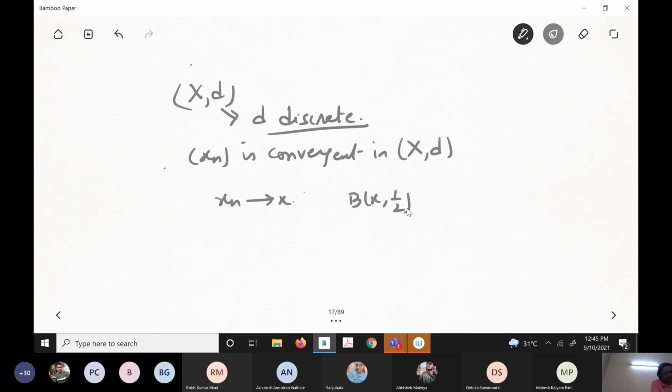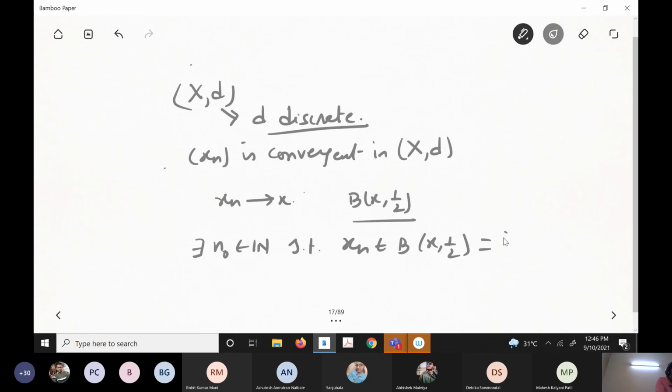The reason is, look, x_n converges to x, and if you take this neighborhood, there exists n_0, n_{1/2} actually, in N such that x_n belongs to B(x, 1/2). But B(x, 1/2) is nothing but this point x. So x_n belongs to this.